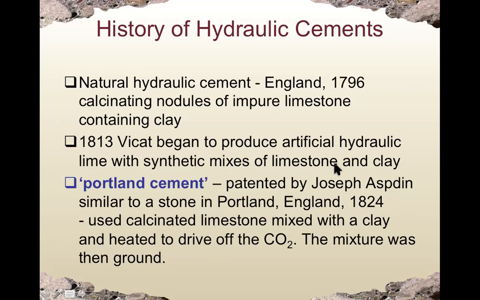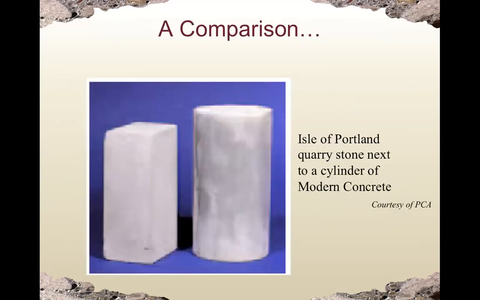And the term Portland cement we use today was first patented by Joseph Aspdin in England. Okay. The reason we call it Portland cement is not because the source of cement comes from Portland. It's just because the color of modern cement is similar to the color of the stone from Portland, which is a small isle in England.